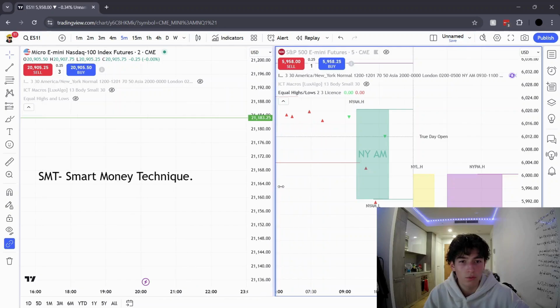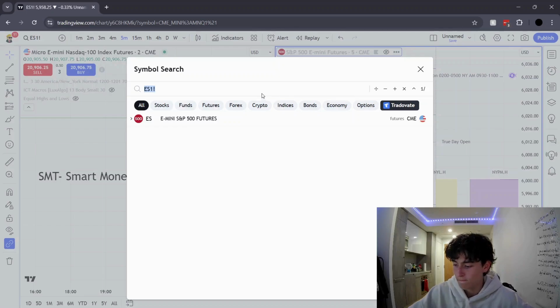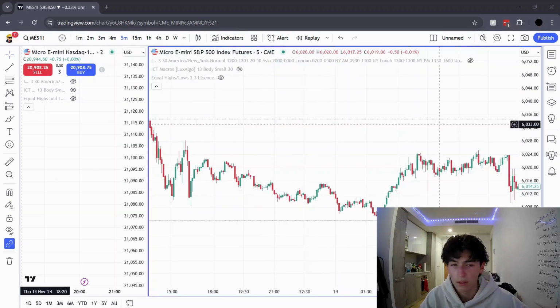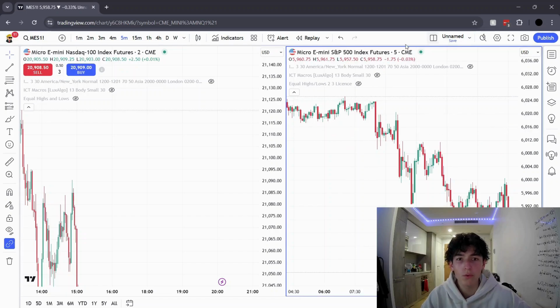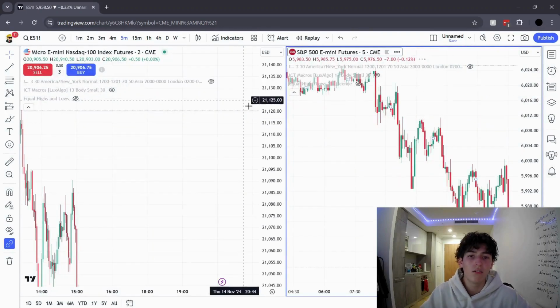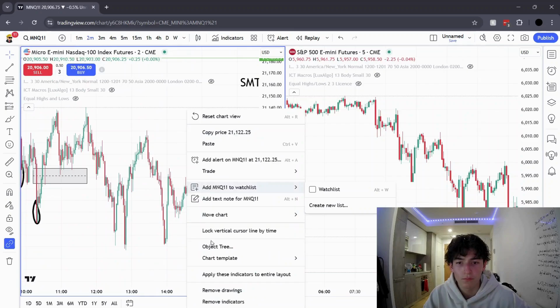Now, how are you going to be using this different ticker, ES, as a confluence to help you trade in NQ?